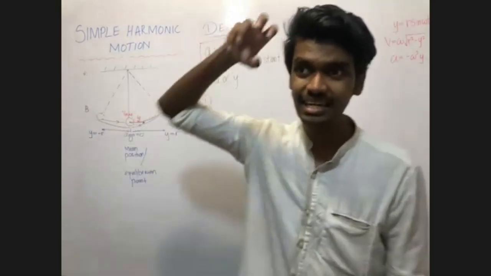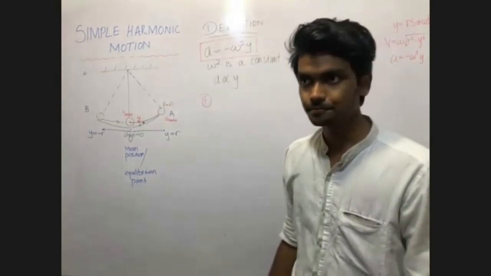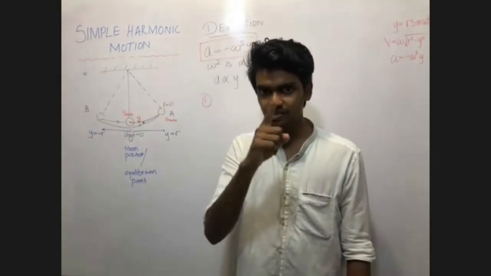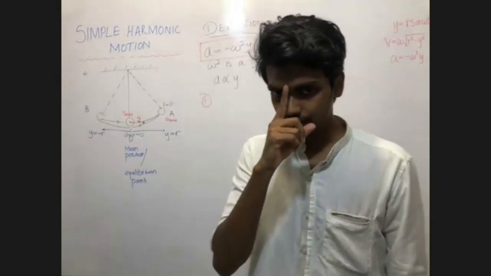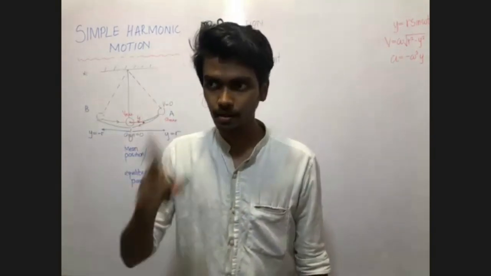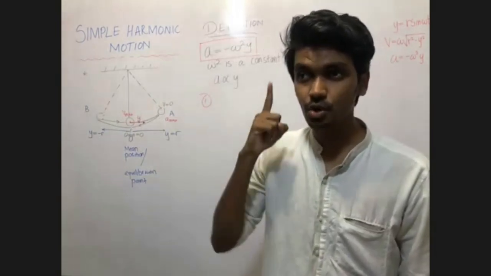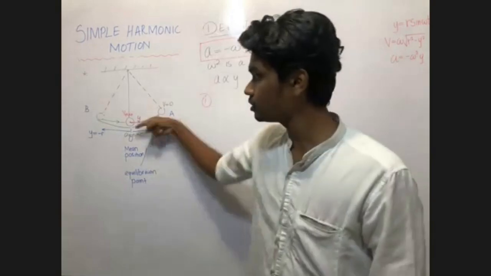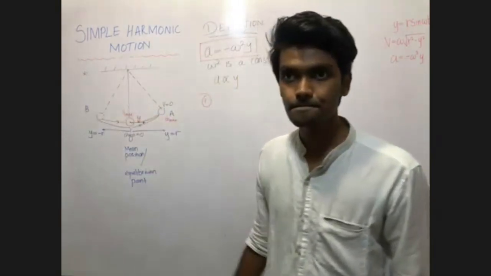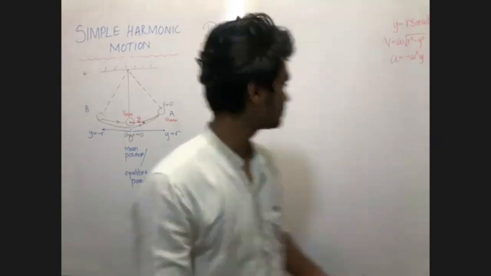Always the acceleration is directed towards a fixed point. For a motion to be a simple harmonic motion, the first condition is the acceleration should always be directed towards the center.